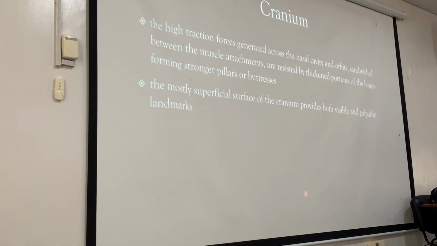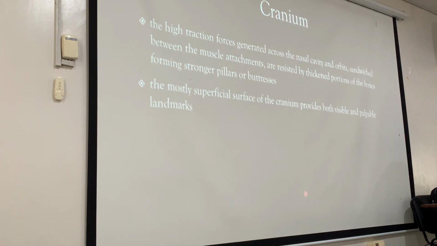So the high traction forces generated across the nasal cavity and the orbits, sandwiched between muscle attachments, are resisted by thickened portions of the bones, forming strong pillars or buttresses. So where there are strong forces, the bone thickens to form what is called a pillar or buttress.